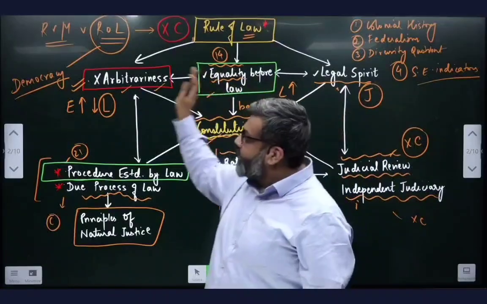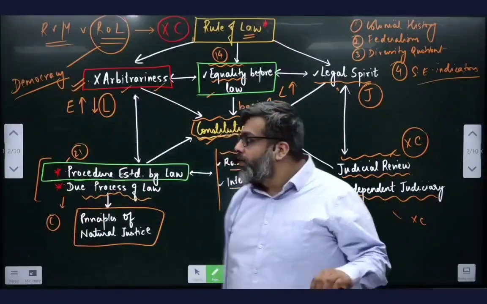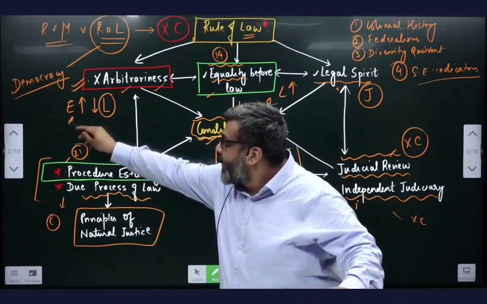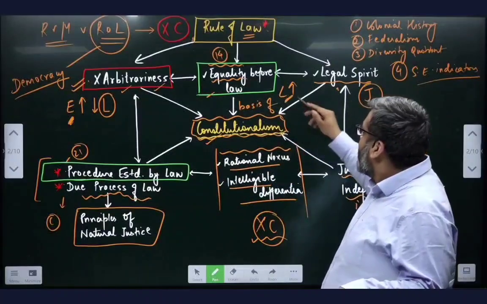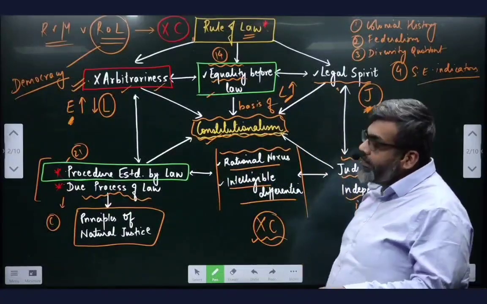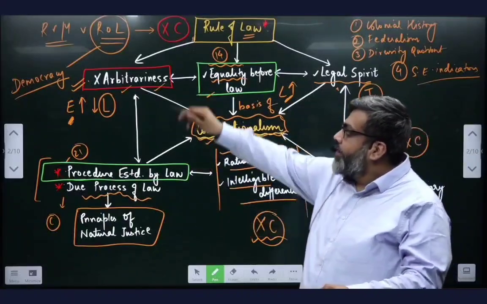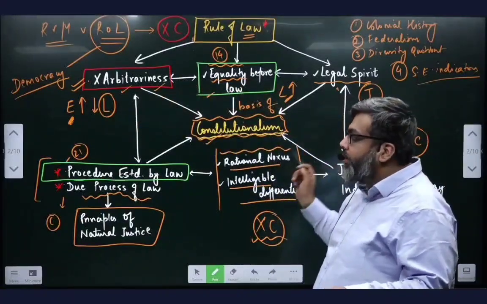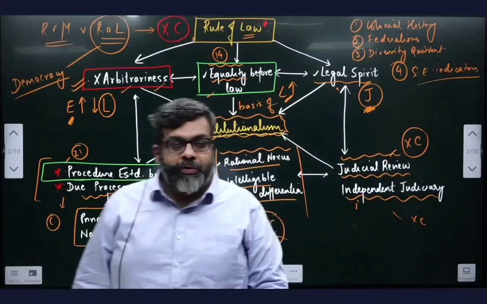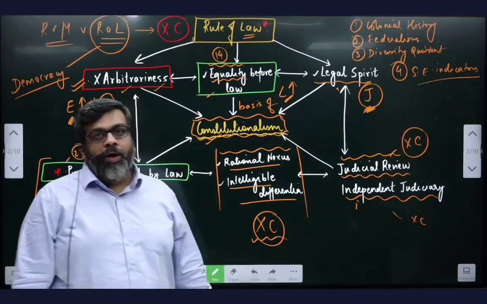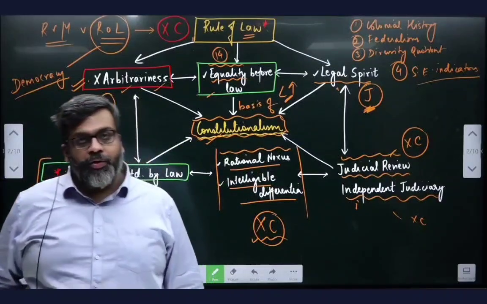So through the three pillars of rule of law, you're able to identify the three branches of the state. Every possible combination running from one point to the other is possible because of this matrix of the constitutional universe.